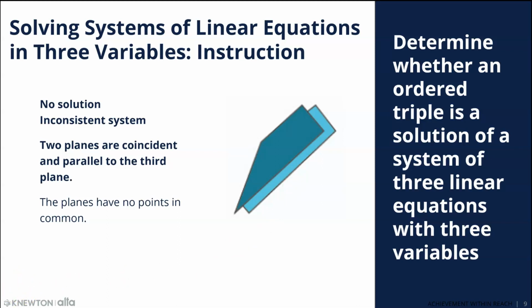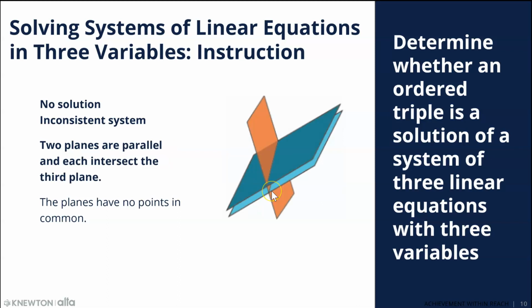And also for the case wherein two planes are parallel and the third plane intersects these two planes, the system is called an inconsistent system because all three planes will have no points in common. So there is still no solution to the system of three linear equations in this case.